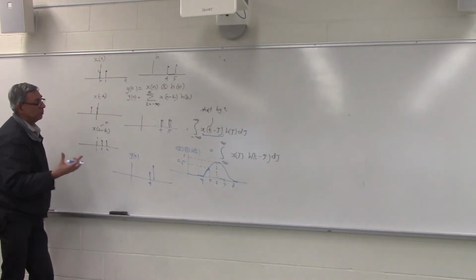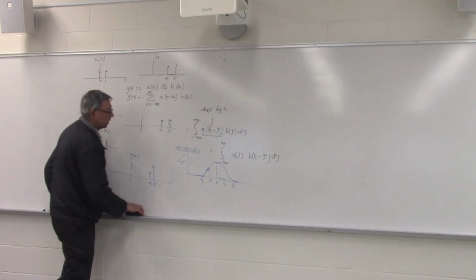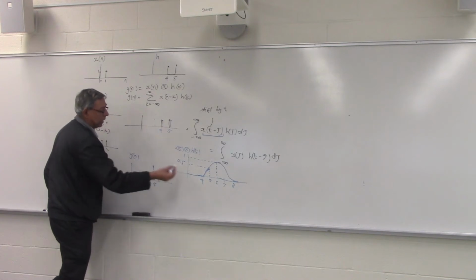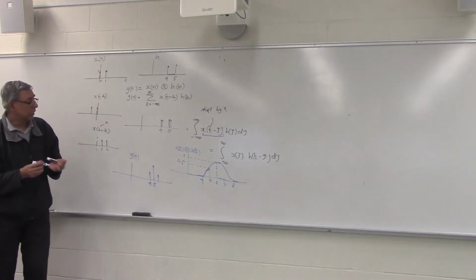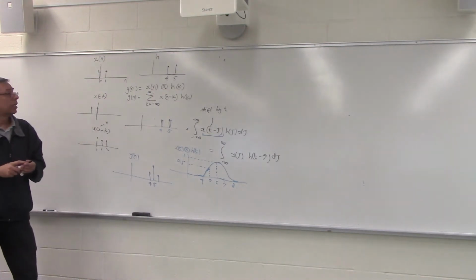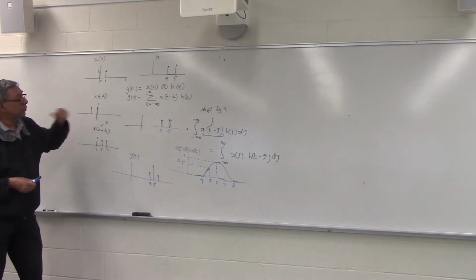Correct? Then what will happen as n moves to 6? It will decrease back to 1 and then go back to 0. So this is how the convolution of two discrete signals will look like in the discrete domain, right?